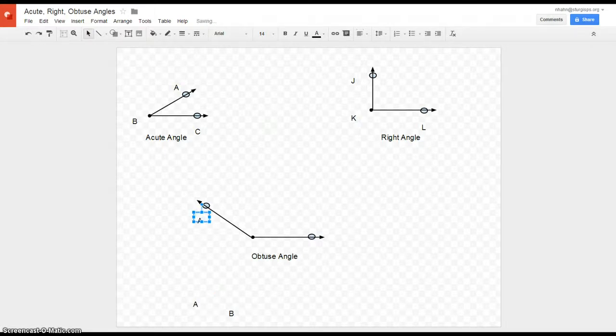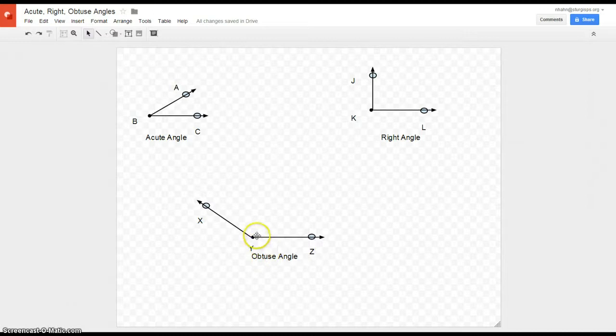This point we'll just call point X. And this we'll call point Y. And the next we will call point Z. So this angle would be called angle XYZ or angle ZYX, but the vertex is always in the middle.